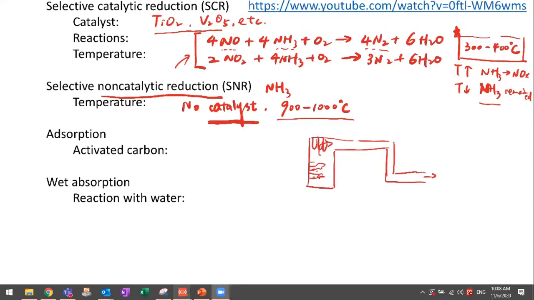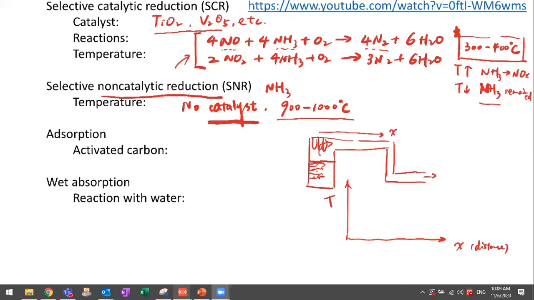Let's say we plot out the temperature of the flue gas as a function of the distance it travels in the duct. Let's say x is the distance from the combustion chamber, just the exit of the combustion location, and the y axis is the temperature.